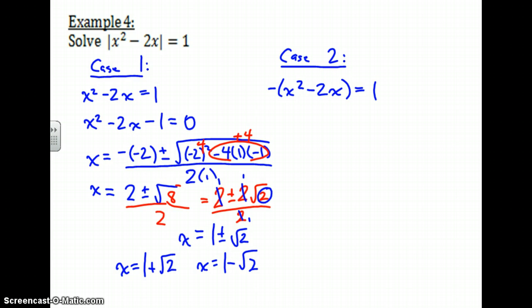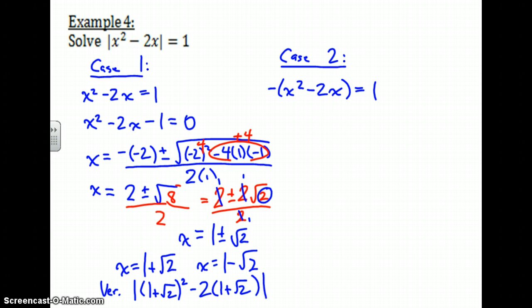We'd want to go through and verify that those ones work. It's kind of a tricky verification; you might call it FOIL or distribution. Just for example, to verify this first solution, it would be the absolute value of, in the spot of x, 1 plus square root of 2 squared, take away 2 times 1 plus square root of 2.